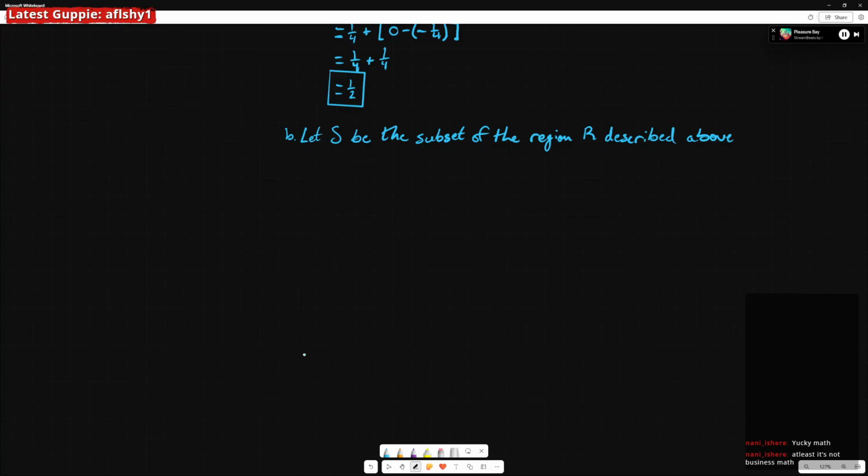Described above, which is in the first quadrant only.